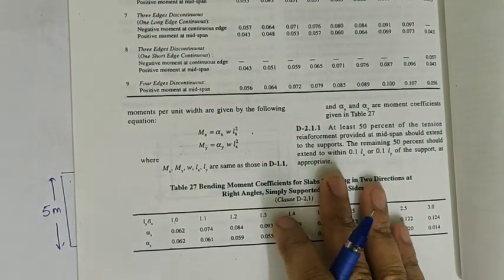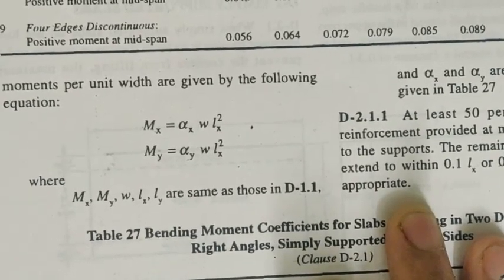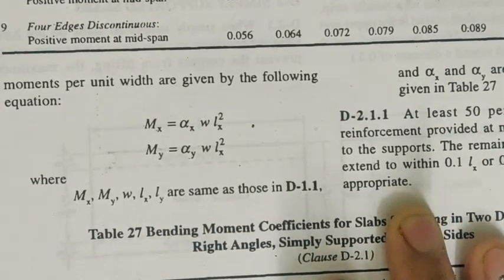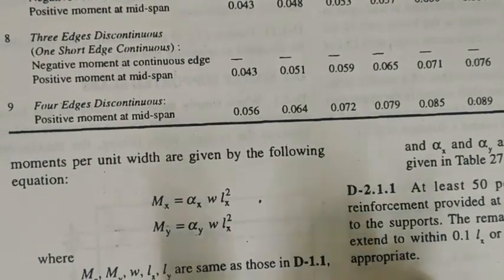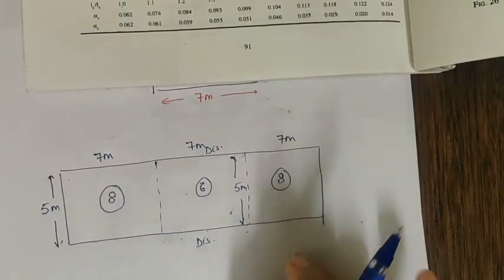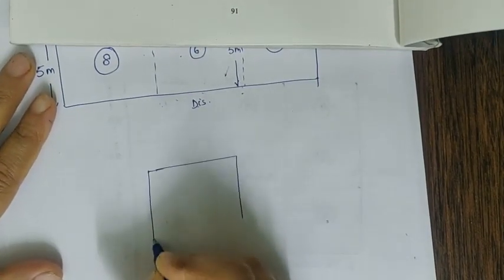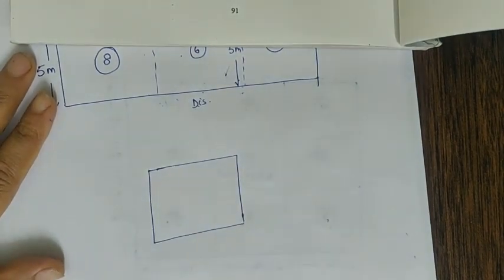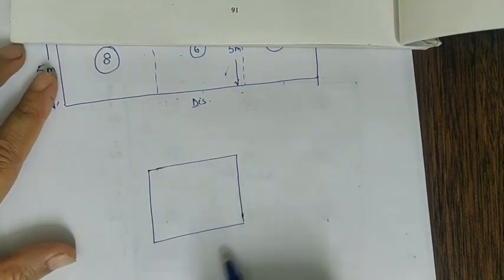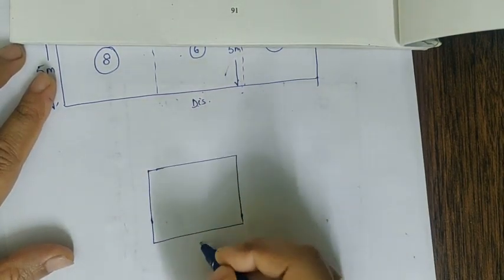Where do we encounter the last case? The last case is 4 edges discontinuous. So it means this is the case of a typical very small room. We are creating a slab for this particular small room and it is discontinuous on all the 4 sides, but there are walls on these 4 sides.